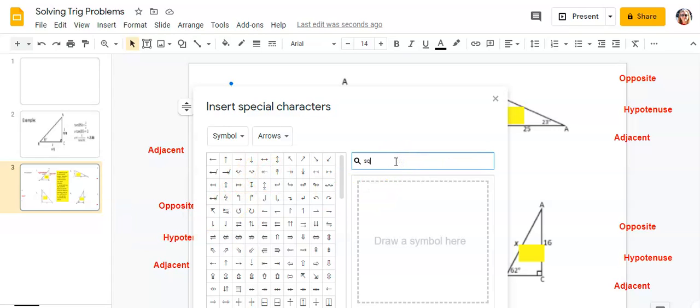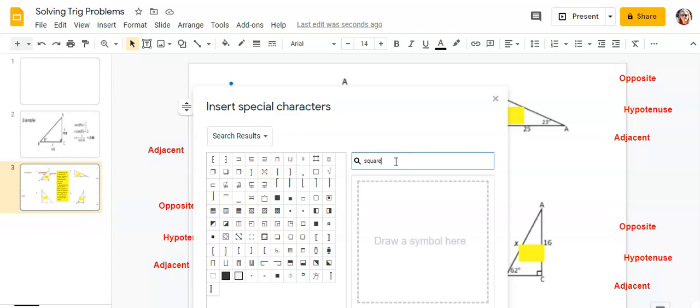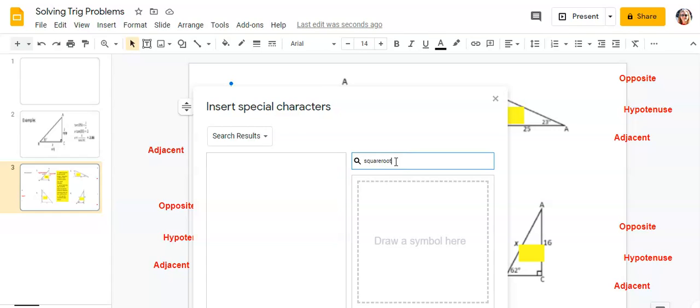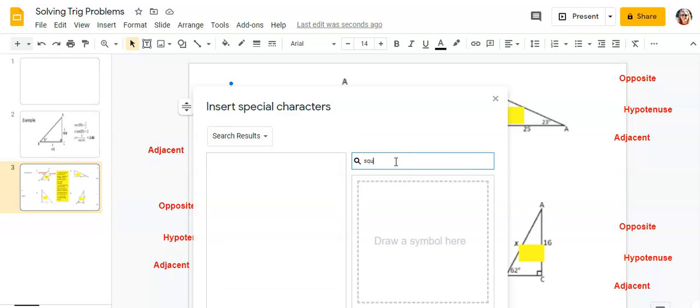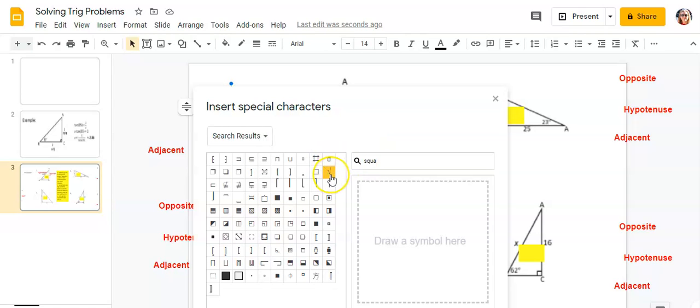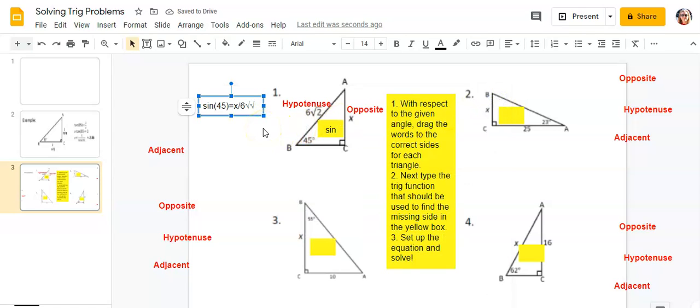Let me type square root. No, but what about a check mark? Oh, I just saw a square root. There it is, look. Cool. I typed 2 of them accidentally. Okay, square root of 2.